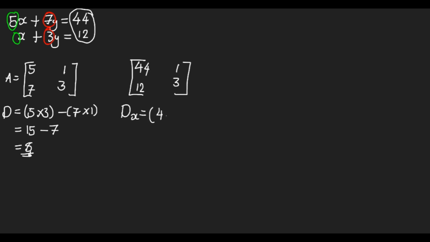So this is 44 multiplied by 3 minus 12 times 1. So 44 times 3 is 132. Minus 12 times 1 is 12. 132 minus 12 is 120.